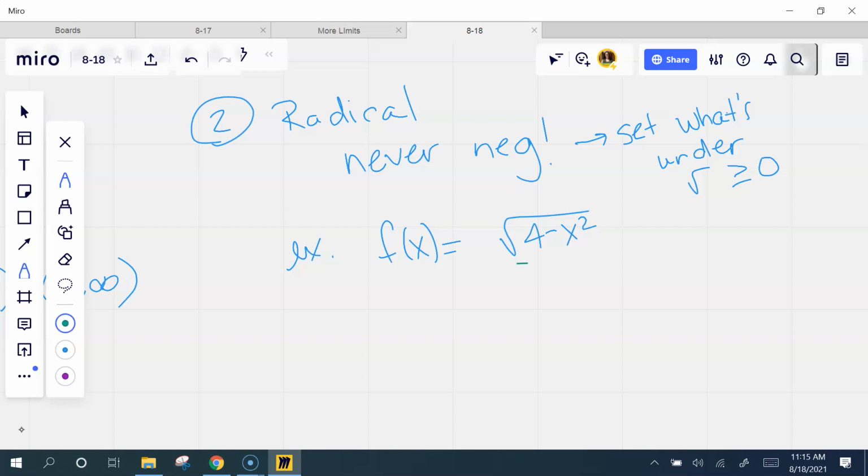So here, if I need this to stay positive, that means I need it to stay greater than or equal to 0. Remember, you're adding or subtracting. Those rules aren't the same. If you're multiplying, yes.